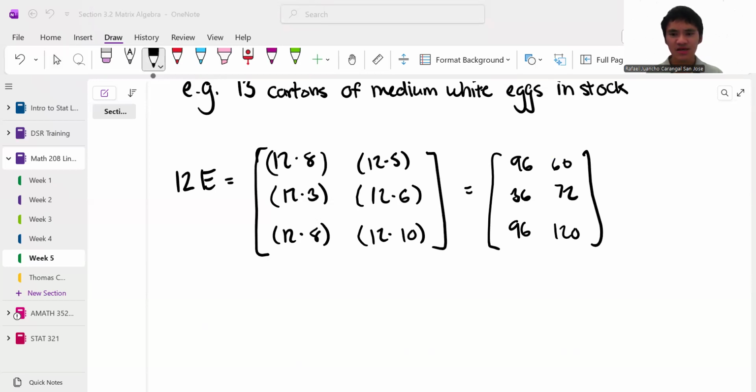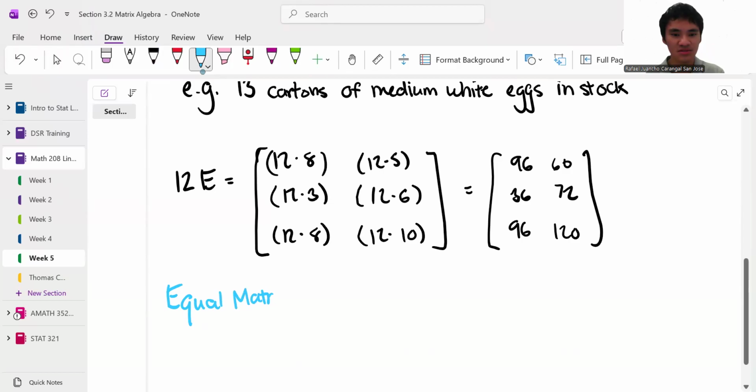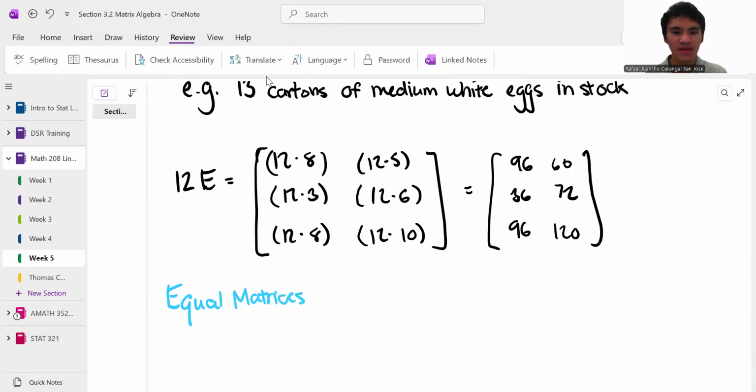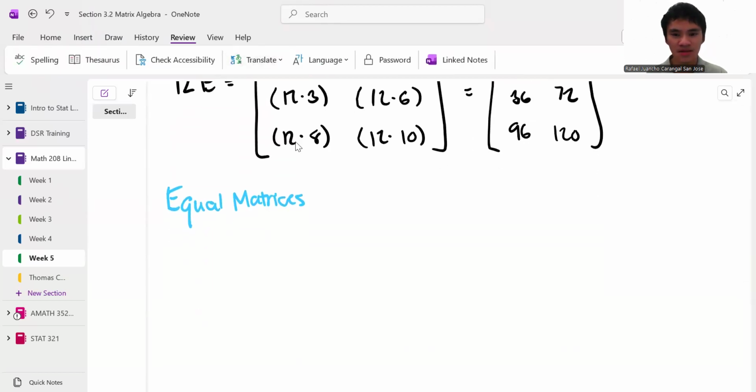And here we have a buzzword called equal matrices. These computations illustrate addition and scalar multiplication of matrices, and they are analogous to those of vectors. As these operations suggest, two matrices are equal if they have the same dimensions and if their corresponding entries are equal.